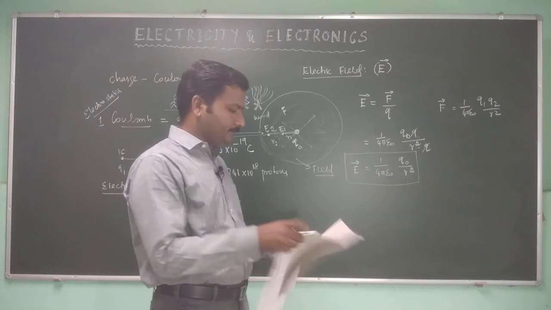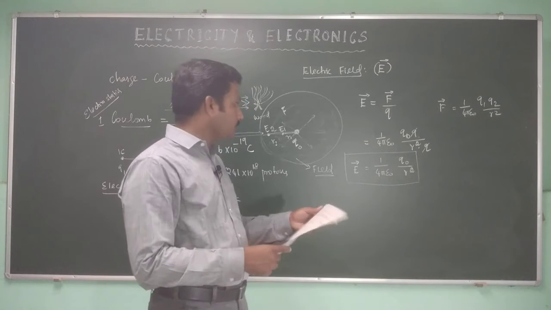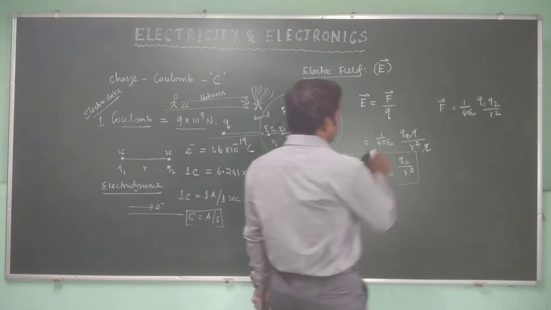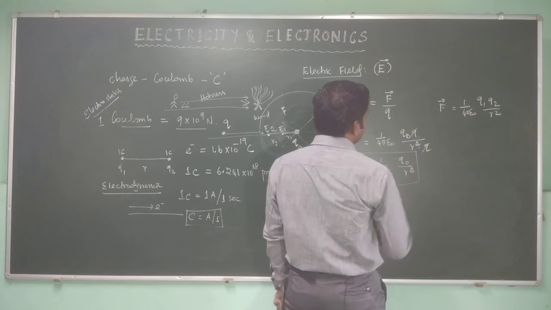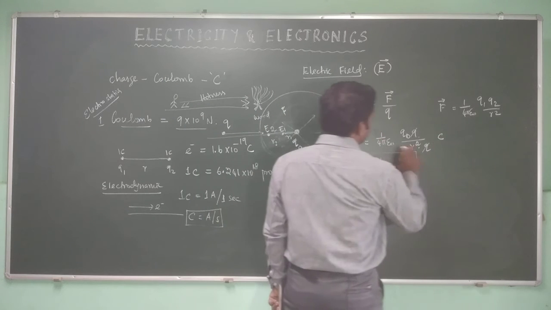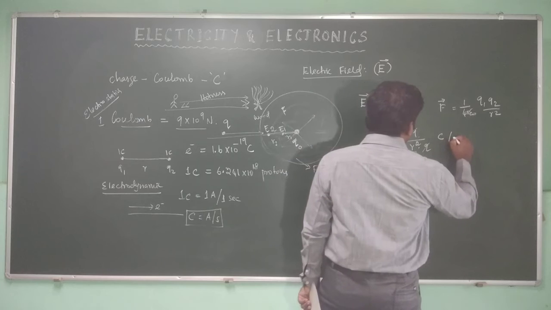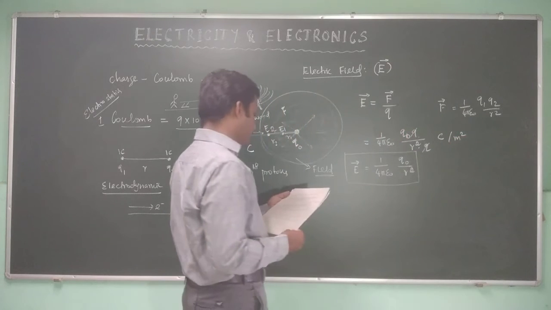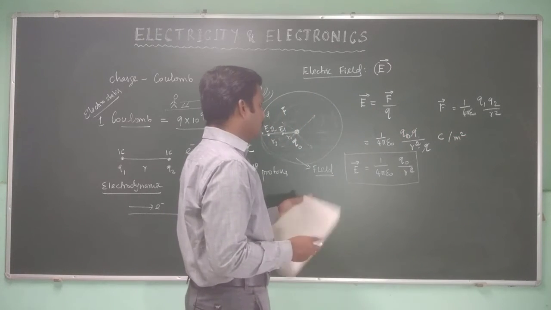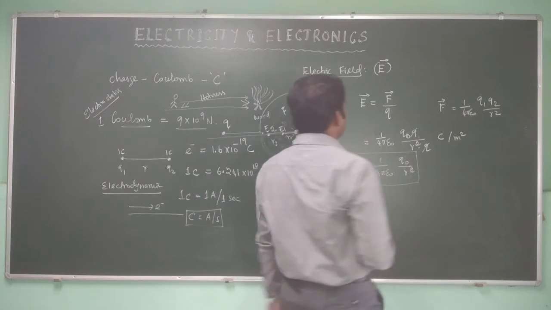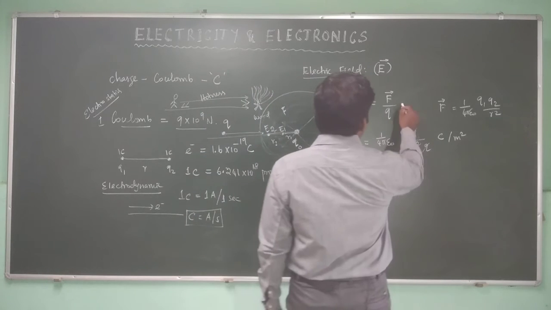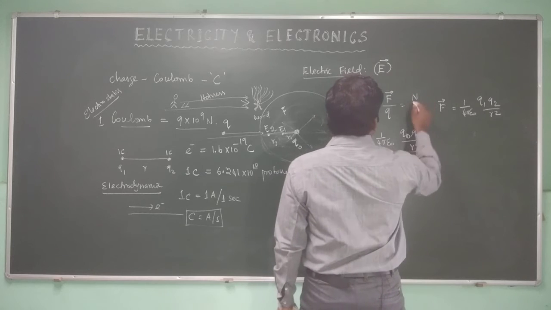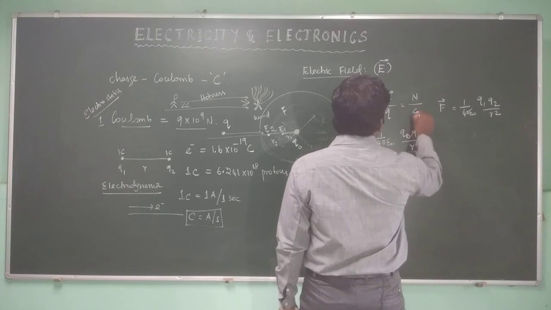Fine. Now you can define the unit for electric field. For charge it is Coulomb, and for distance square, meter square. So Coulomb per meter square, or in simple words, the unit for force is Newton, for charge it is Coulomb.